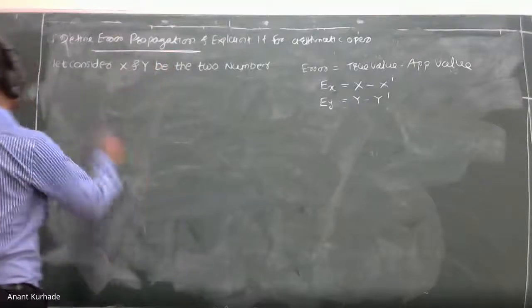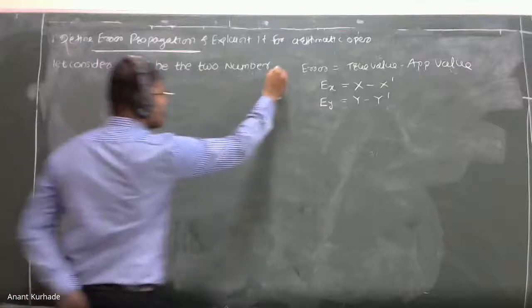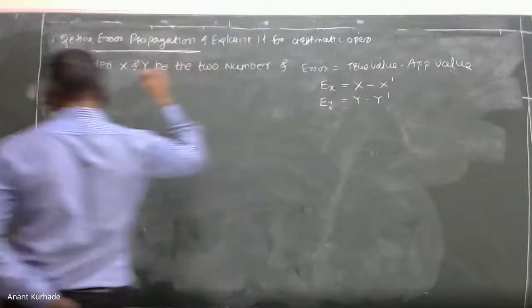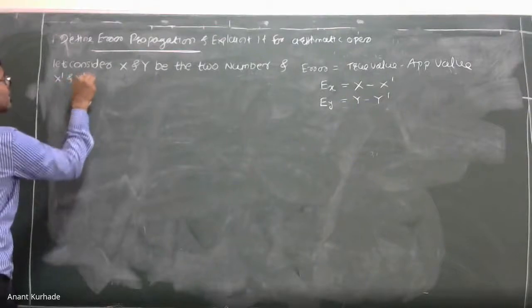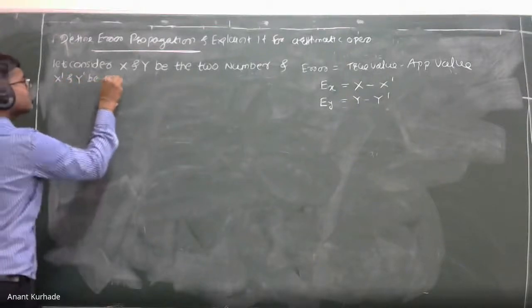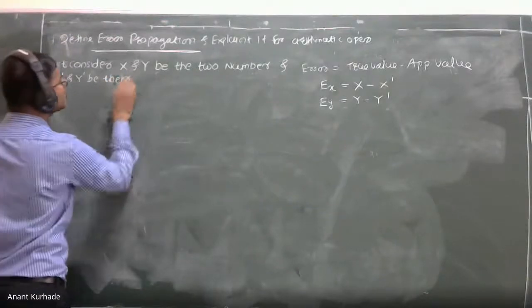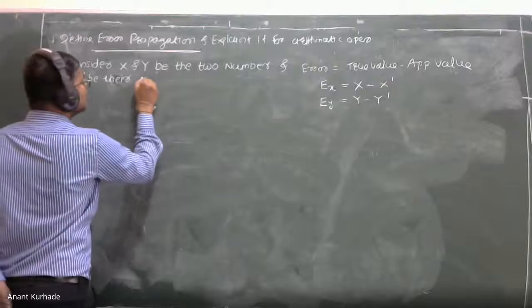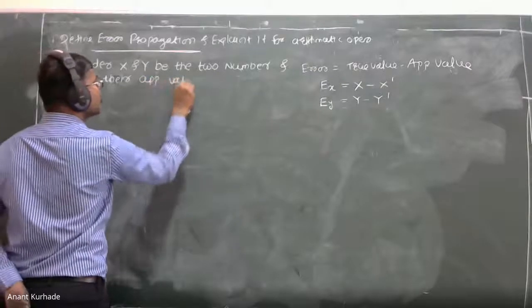So initially we write: let's consider x and y to be two numbers, and x dash and y dash be their approximate values.